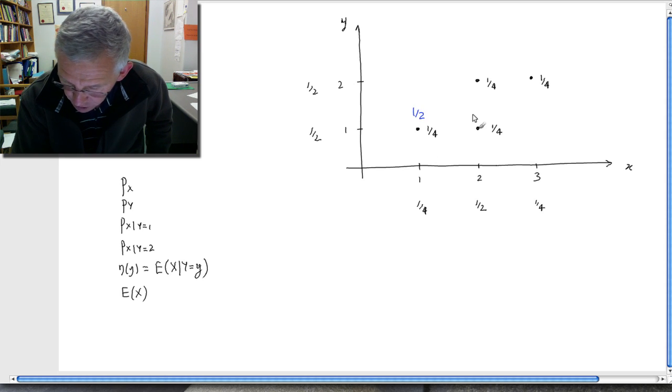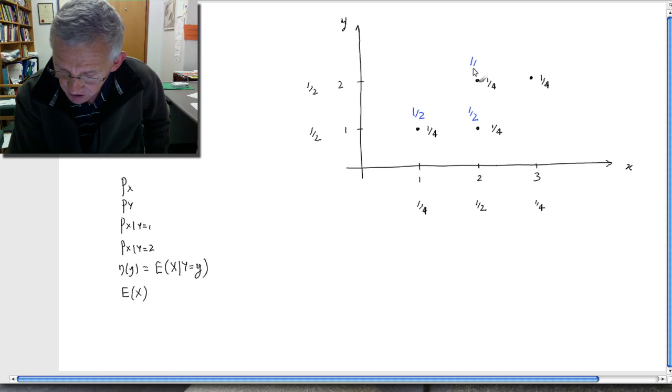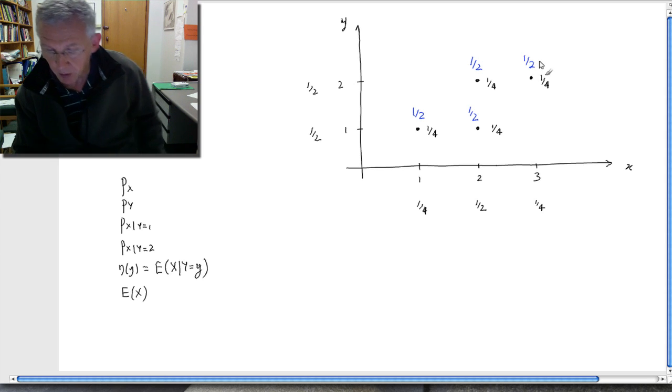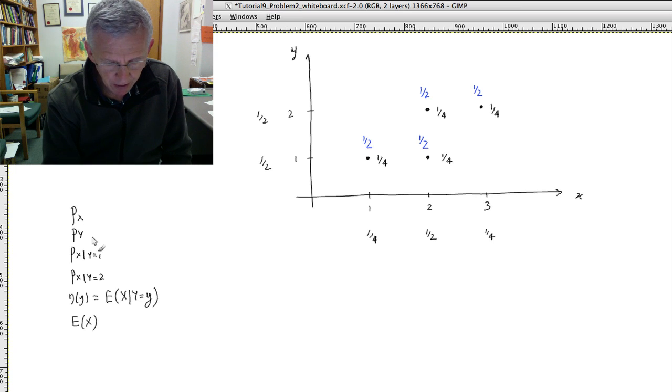So this is the conditional distribution of x given that y is equal to 1, and it has a probability of a half there and a half there. And the same thing happens up here. If we fix y to be 2, x has to be 2 or 3, and it takes those values with equal probabilities. So that gives us both of the marginal distributions and the two conditional distributions.